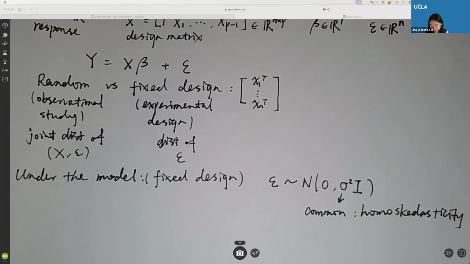And then we said the sum in the exponent can actually be written in matrix form. I'll just write it again: the sum of (yi minus xi transpose beta) squared, from the little derivation we did on the board last time, can be written as (y minus X beta) transpose times (y minus X beta).